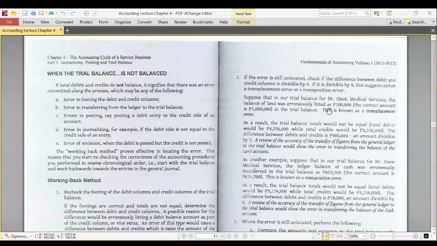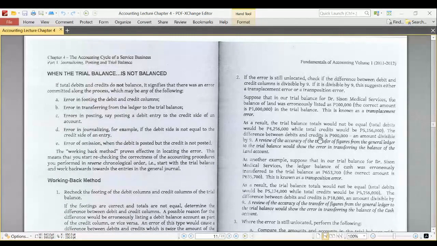O, paano mo daw malalaman kung may transplacement error? The amount of the difference is divisible by 9. So, pag yung amount is divisible by 9, for sure there is a transplacement error. Example. Diba? Ito, 1 million sana, 100,000 ang nalista.